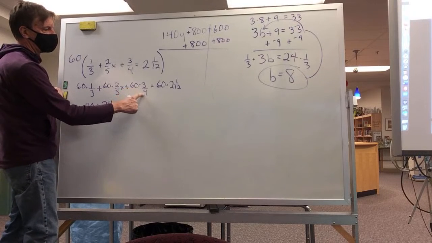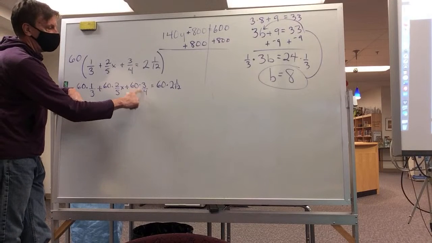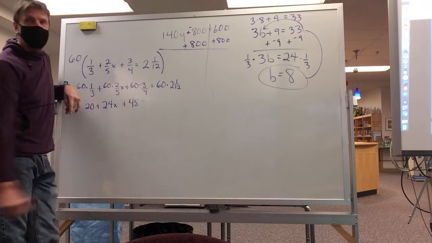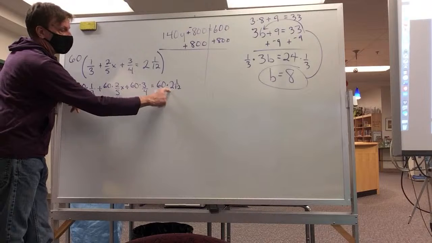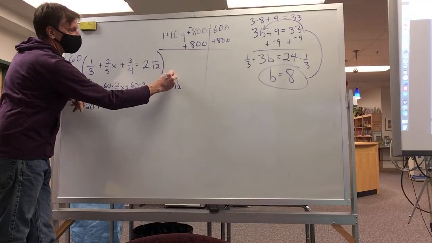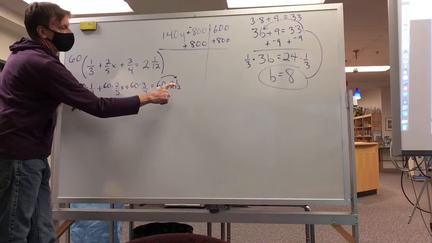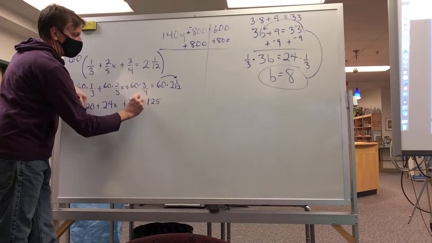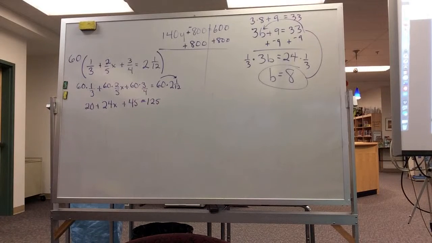Now 60 divided by 4 is 15. 15 times 3 is, we haven't reached for a calculator yet, have we? 60 times 2 is 120, but let's do this first. What's 60 divided by 12? Okay, so we're going to add 5 to 60 times 2. Guess what? You have no fractions left anymore, do you? It makes life a lot easier when we don't have fractions.